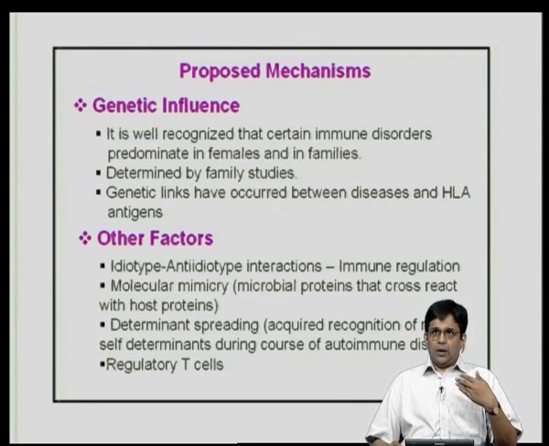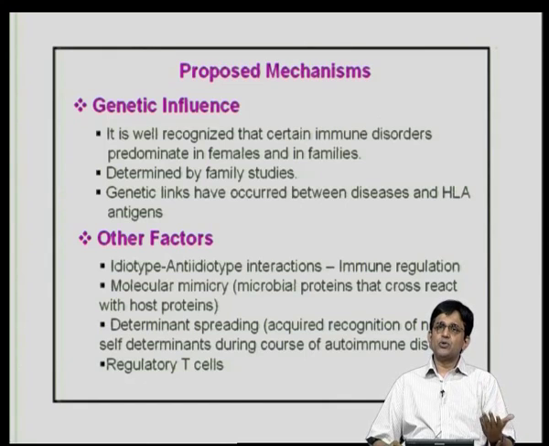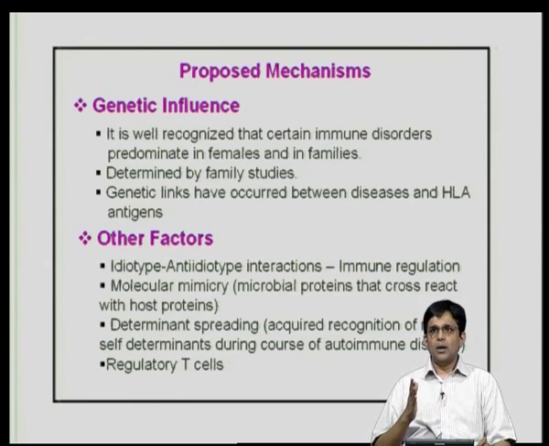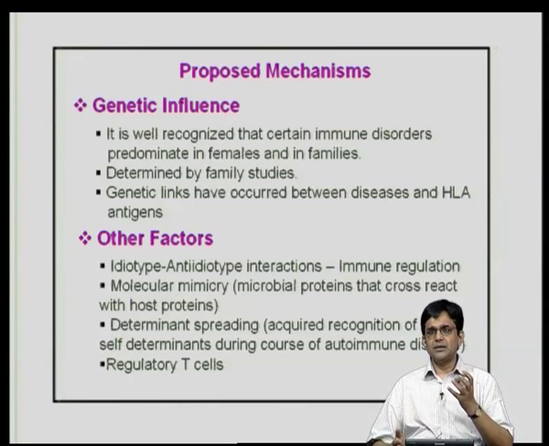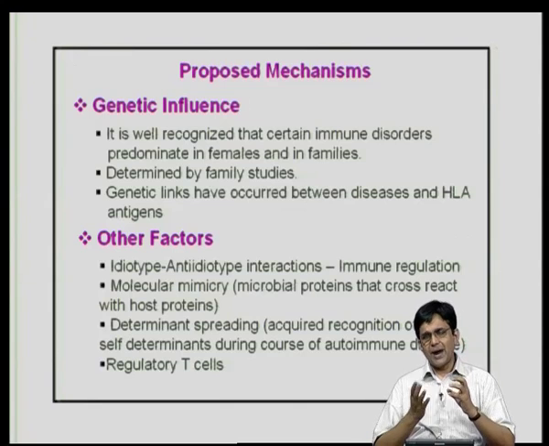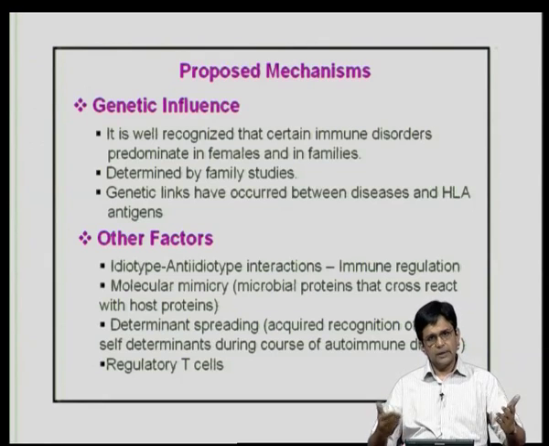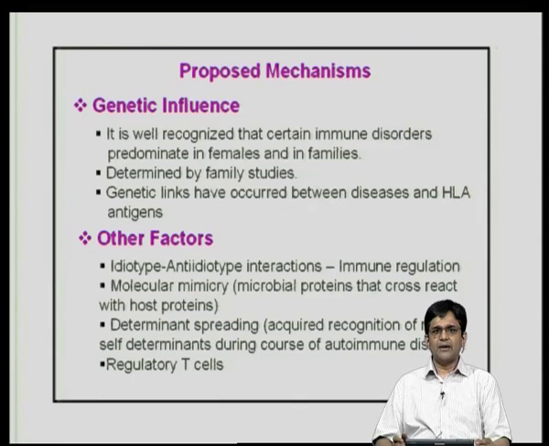So, let us say you are exposed to a particular pathogen, and the body reacts to this pathogen, and some of the antibodies or maybe T cells that are generated also cross react with a self molecule, because the molecular pattern present in the microbe is cross reactive with something in the self. This is known as molecular mimicry, and it results in the generation of autoimmunity. So, these are the different factors that have been proposed.